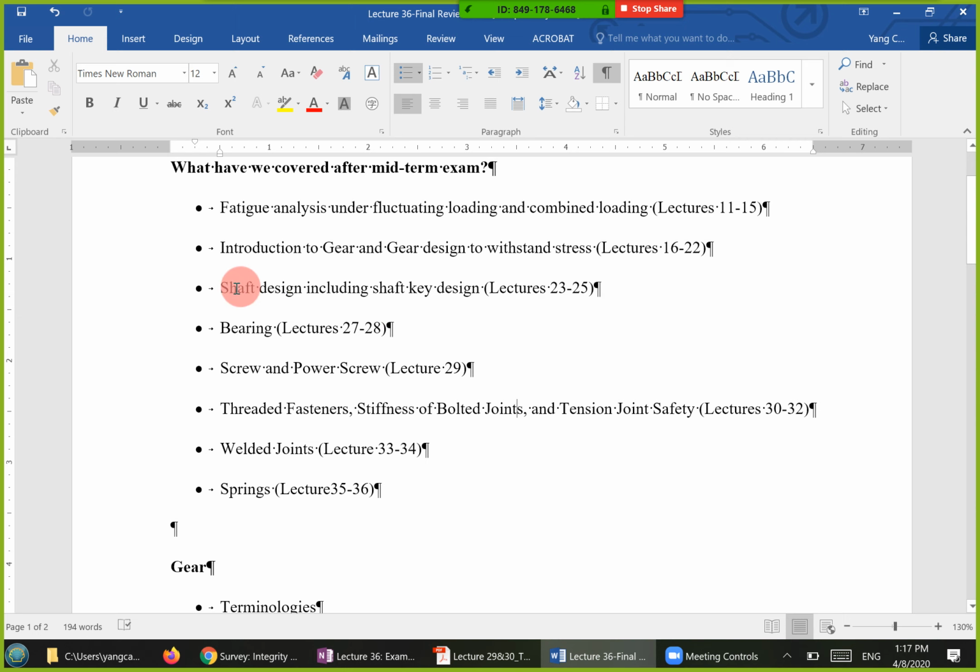For shaft design, inevitably you still need to be able to draw a free body diagram, calculate the bending moment at the point of interest, and then calculate the normal stress based on the bending moment. Of course, in this case we're dealing with combined loading and also fluctuating loading. So when you have a shaft design question, it is inevitable that you still have to be able to do all of these things.